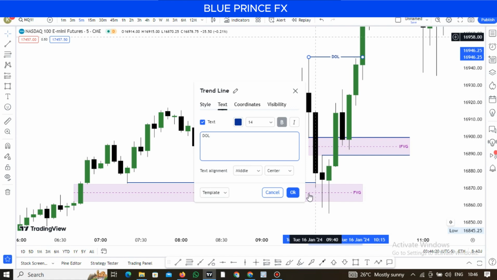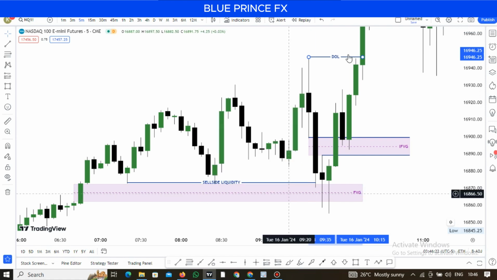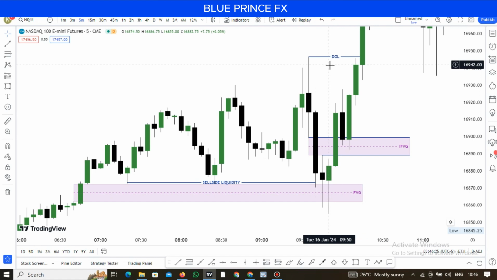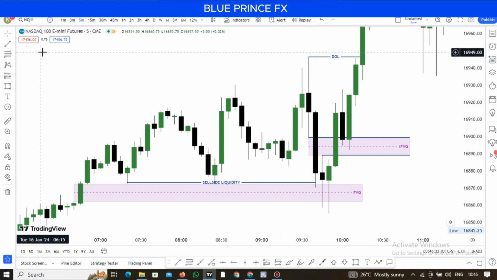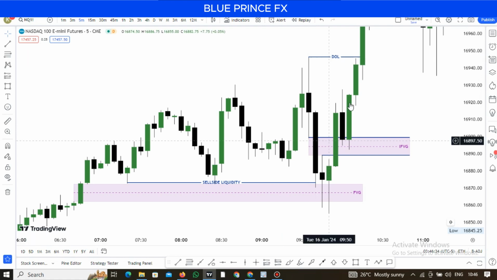This is where we anticipate the market to go. And if you look further to the left, you can find other highs that you think the market will take. So this is our draw on liquidity. This is our closure above the fair value gap. And this is our liquidity raid. And this is our PD array that was respected.